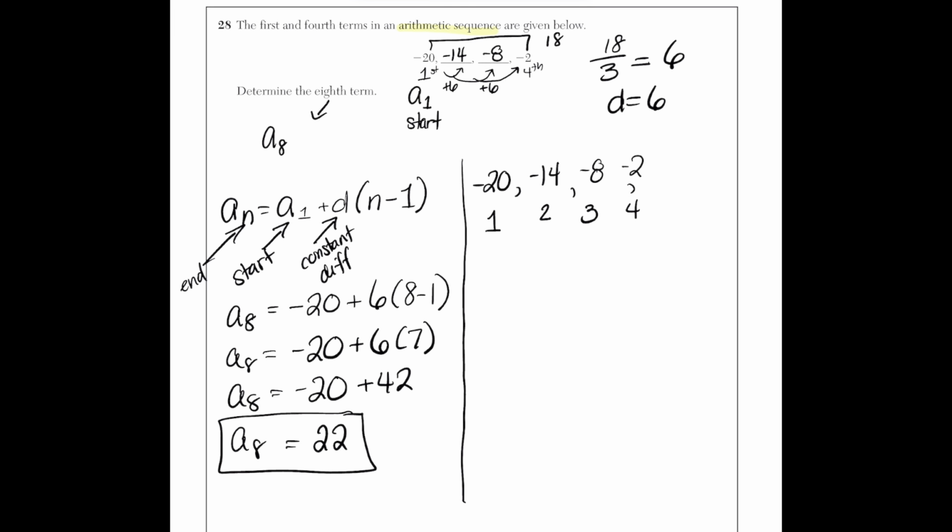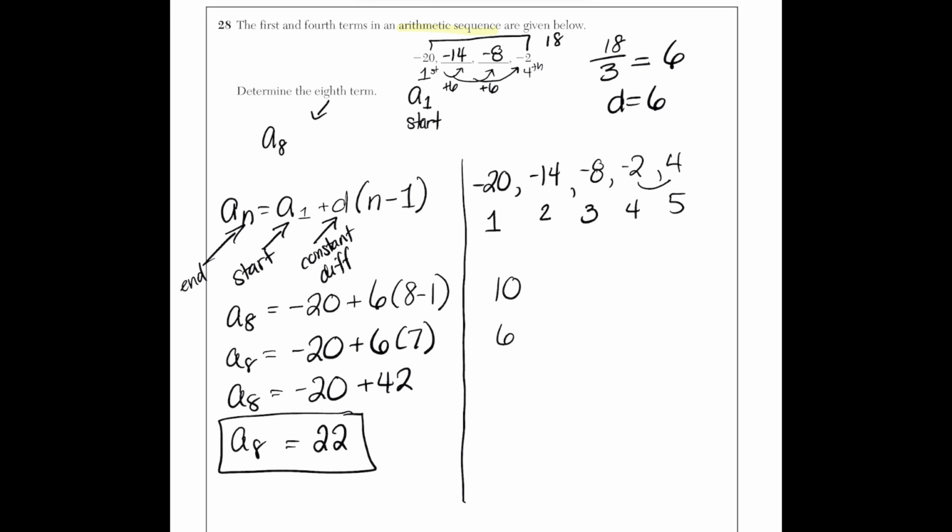Now you just got to keep the party going. So -2 plus 6. If we added 6 to that, we will get to +4. That's our fifth number. And if I wanted to do the next one, 4 plus 6 would give us 10.